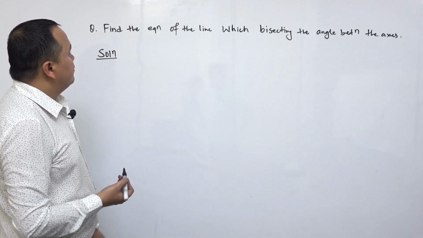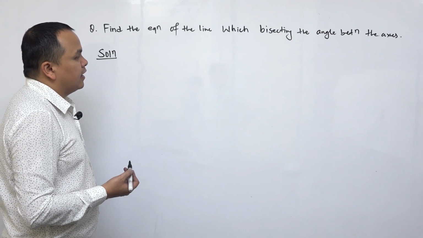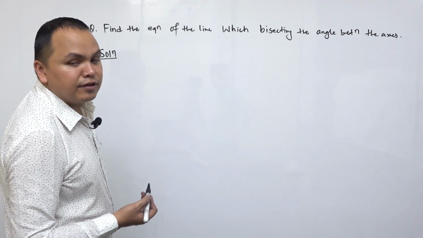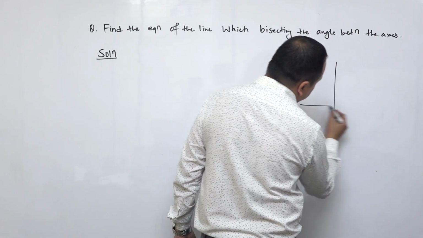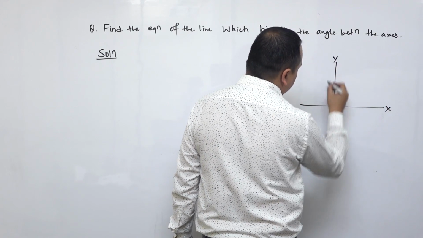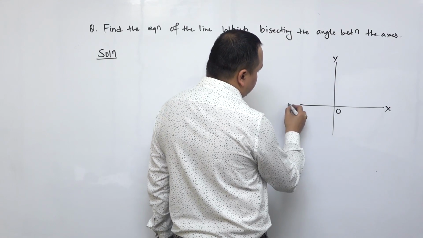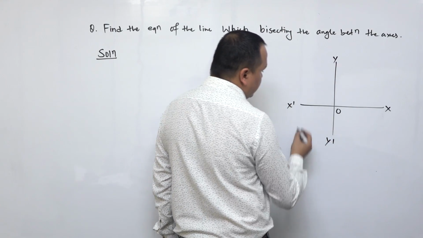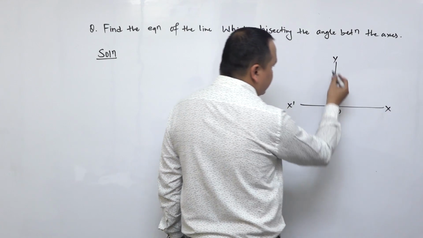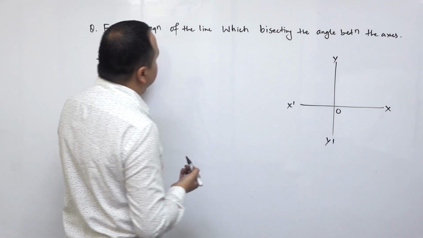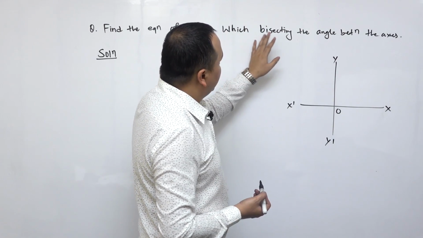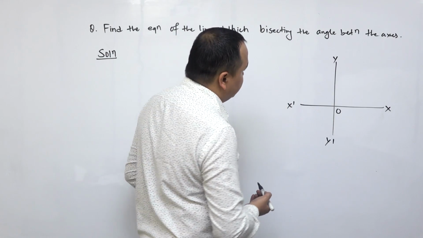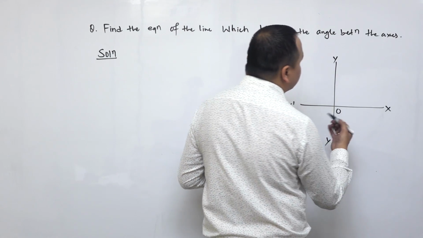We take another example. Find the equation of the line which bisects the angle between the axes. Here are the x-axis and y-axis. We want the equation of the straight line bisecting the angle between the axes. Then we have two cases.